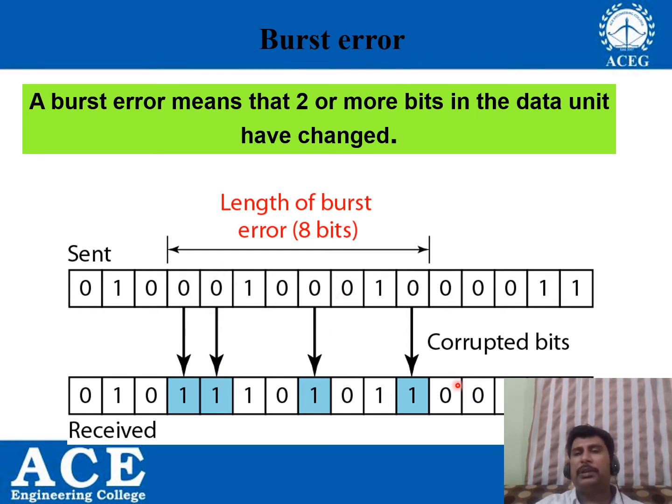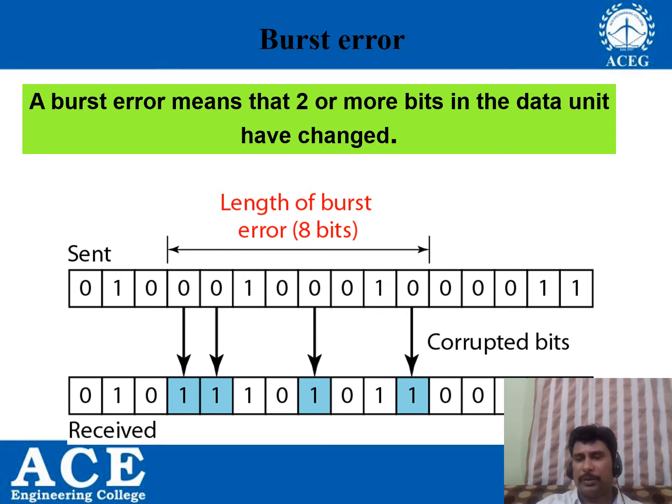So more than one bit got corrupted and changed from 0 to 1. This process is called burst error, because the number of errors in this scenario is more than 1.